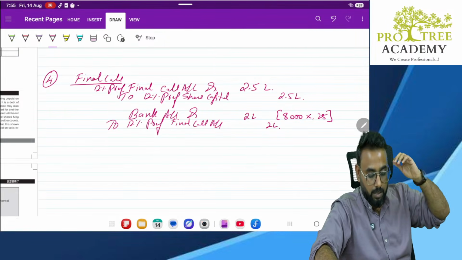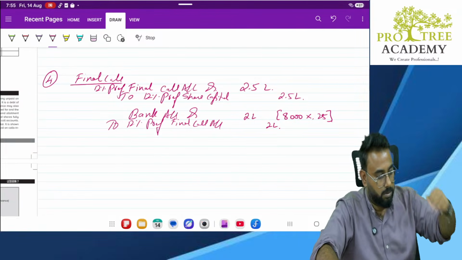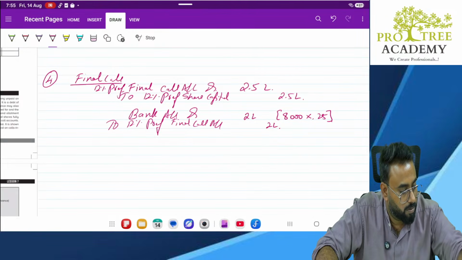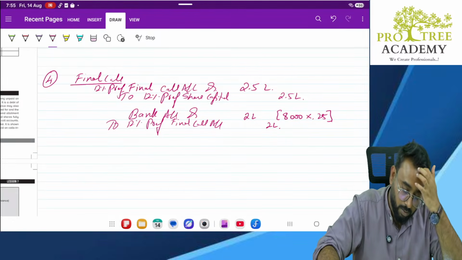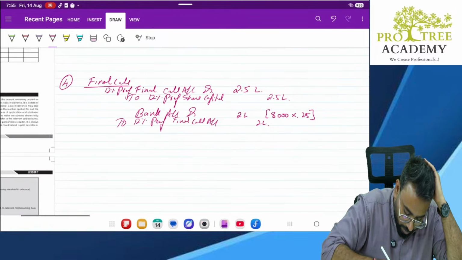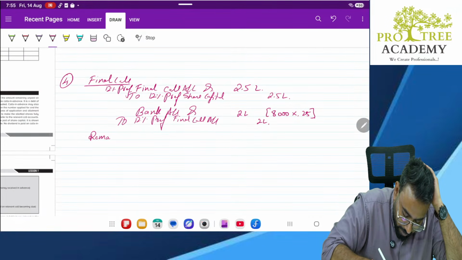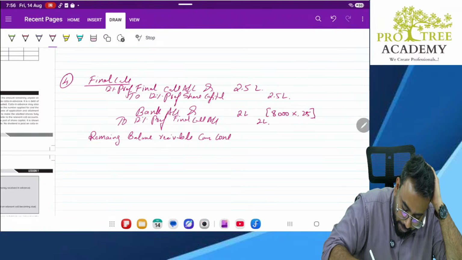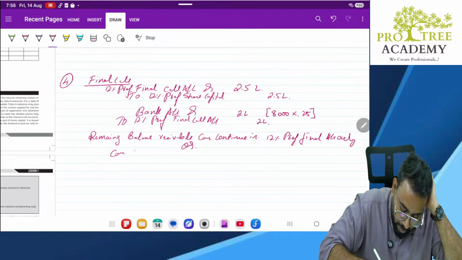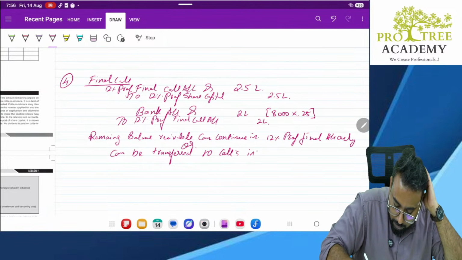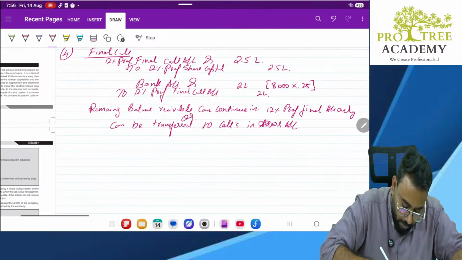Sir, the remaining balance receivable can continue in the 12% preference final call account only, or can be transferred to calls in arrears account. So if you want to transfer, then what do you do?